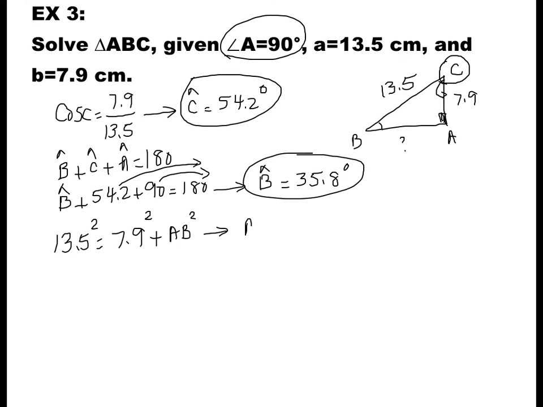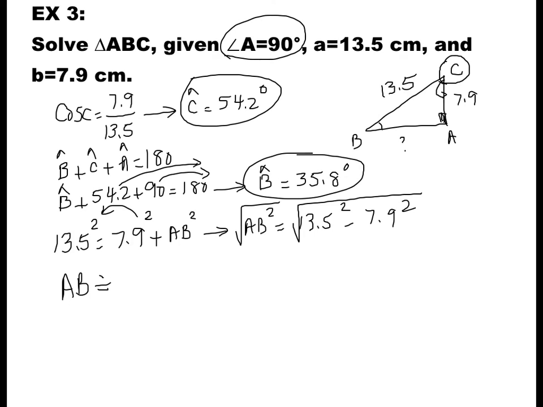Or I can say AB squared is equal to 13.5 squared minus 7.9 squared, if I bring this one to the left, and then I take the square root of both sides. If I evaluate this one using my calculator, I will get that AB, which is equal to c, is about 10.9 centimeters.